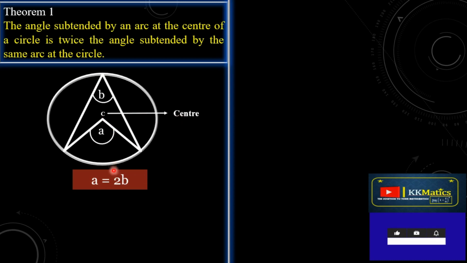Anytime you come across anything like this, always have in mind that A is 2 times B. There is a connection between B and A.